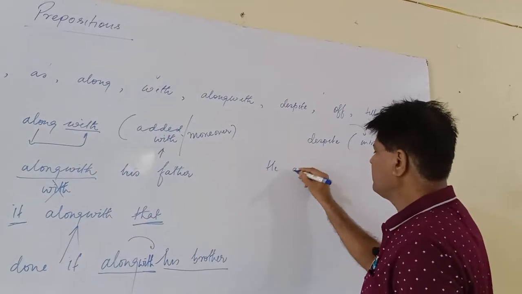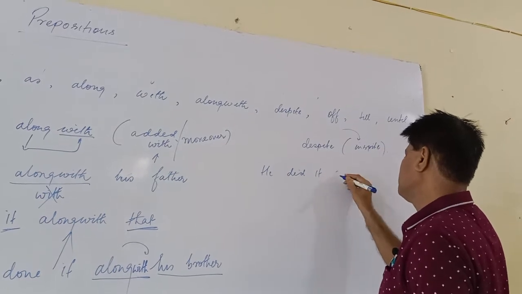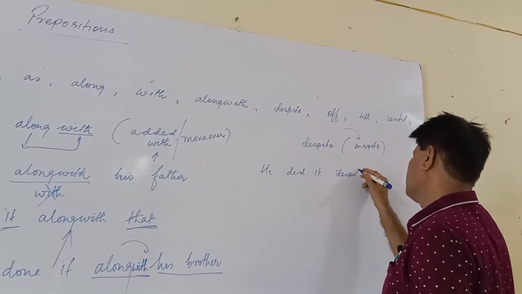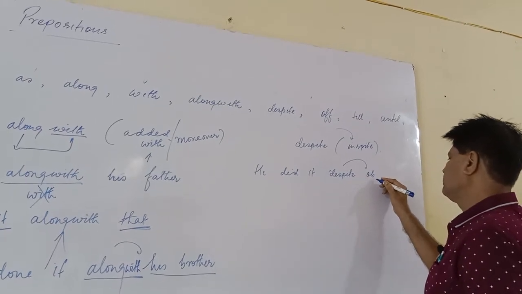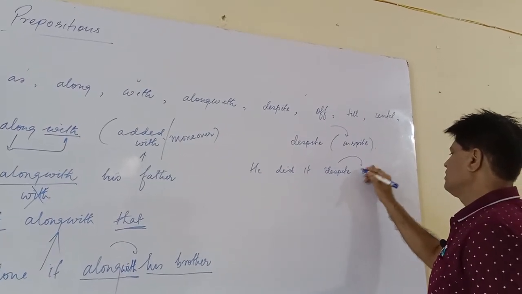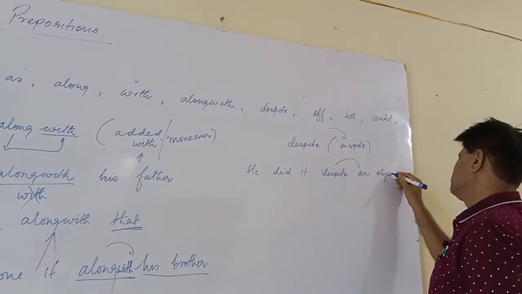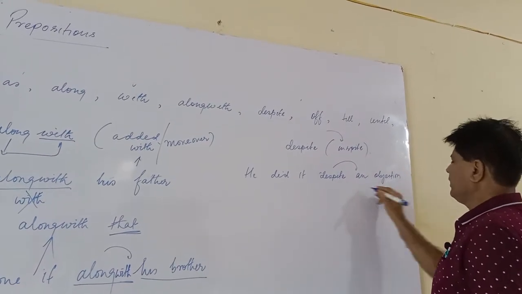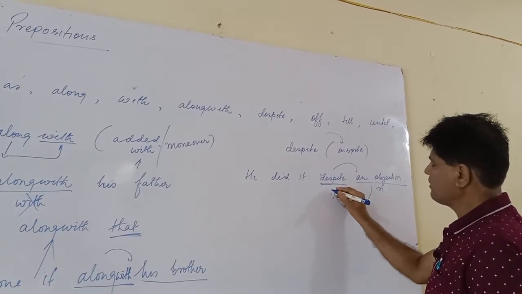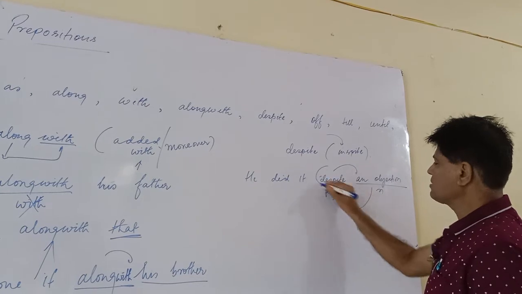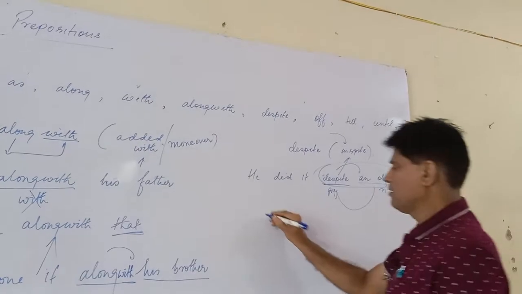He did it despite an obstruction. So an obstruction is a noun, before that you are using a preposition, so it becomes a phrase for you. Despite defines in spite.